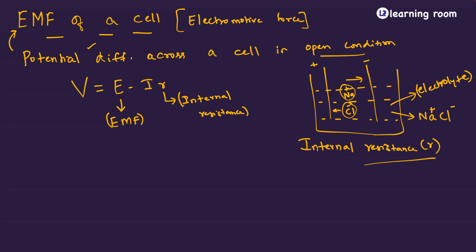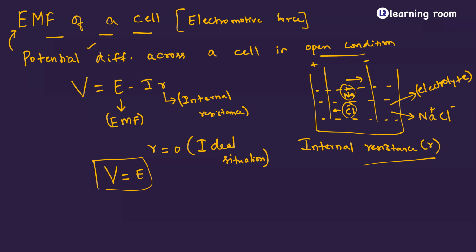So till now, when I take the value of small r to be 0, that is considered an ideal situation, meaning I'm talking about a cell which does not have internal resistance, which is not going to happen at all. If I substitute r equal to 0 here, then V will be equal to E. This is one way of understanding.